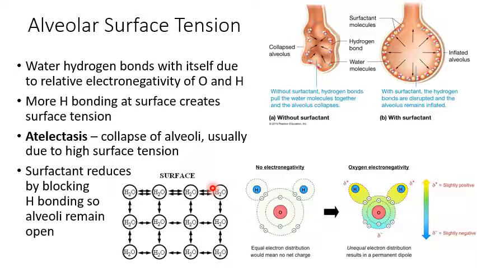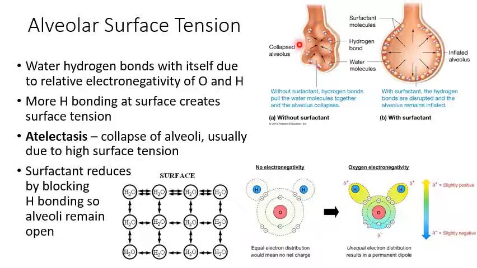When you have that happening inside of your alveoli, all those hydrogen bonds between the water molecules, one by one they're weak, but altogether they're really quite strong. And the alveoli have very thin walls, extremely thin, and they don't have good structural support really.